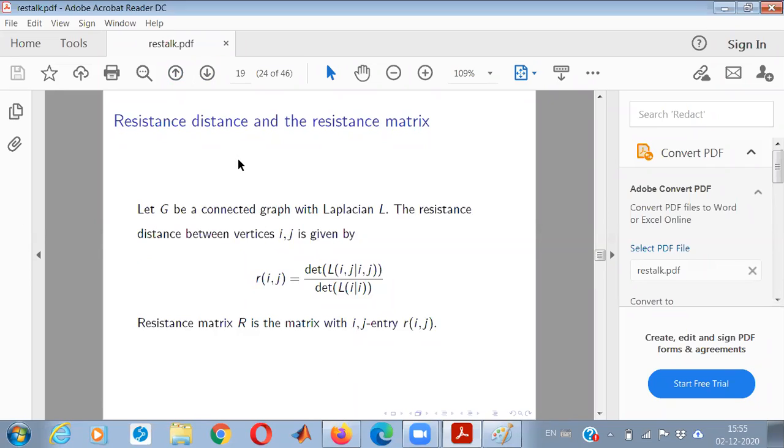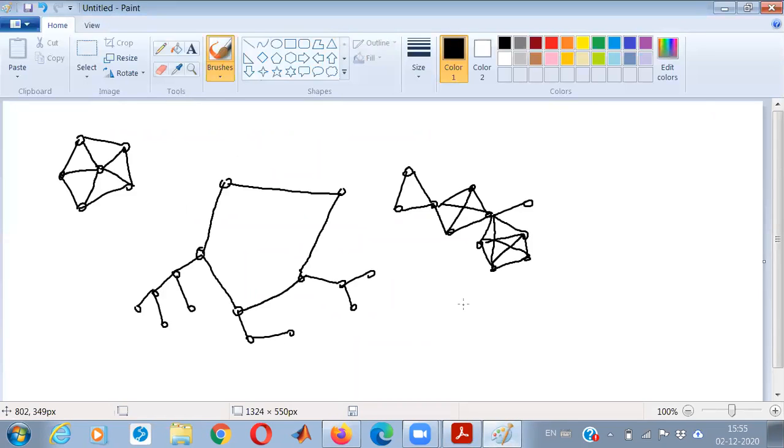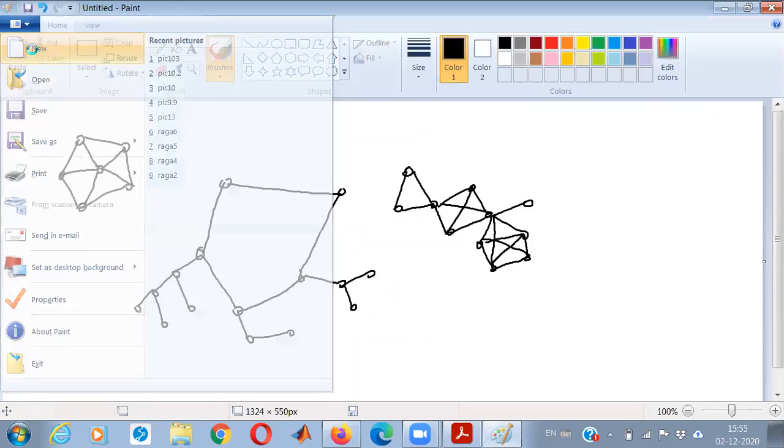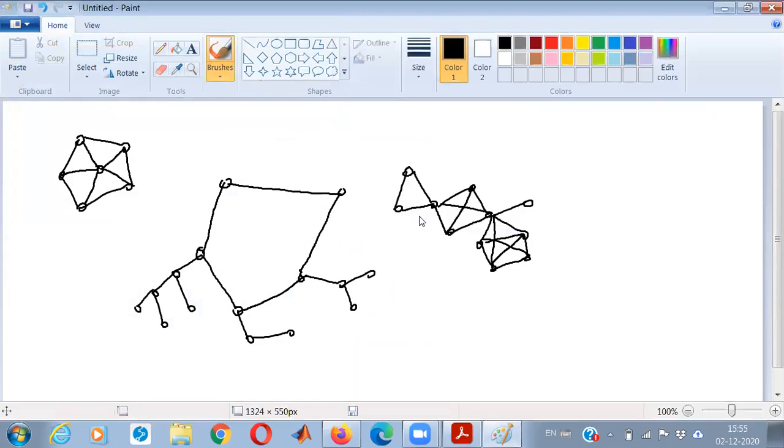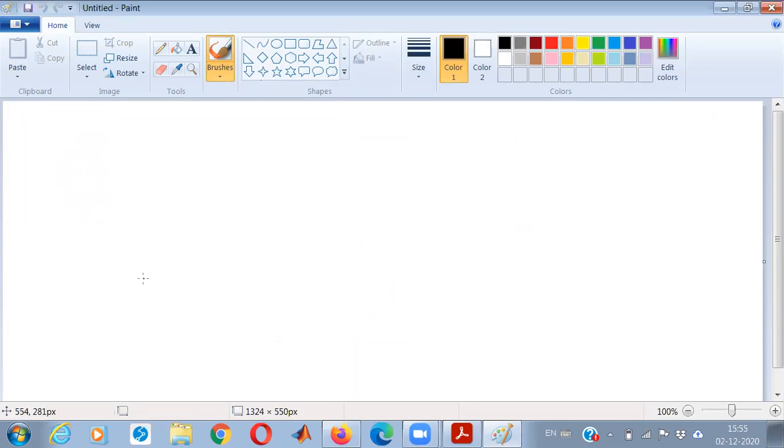The classical definition of resistance distance is through electrical networks. You take a graph and imagine it to be an electrical network, and you put unit resistance on each edge. Suppose you want to define the resistance distance between two vertices, say i and j.